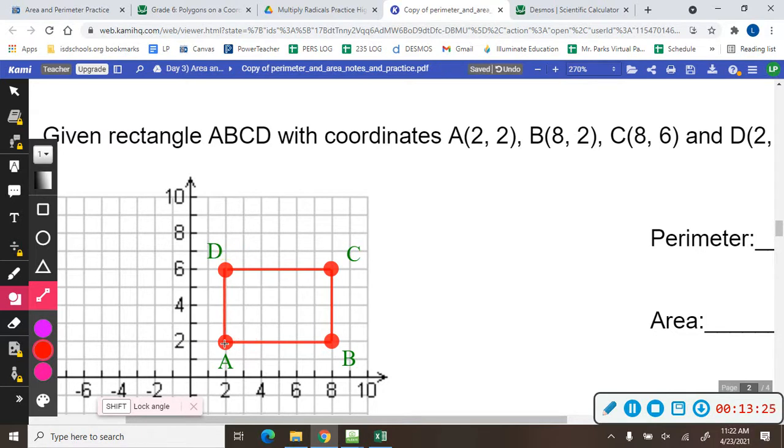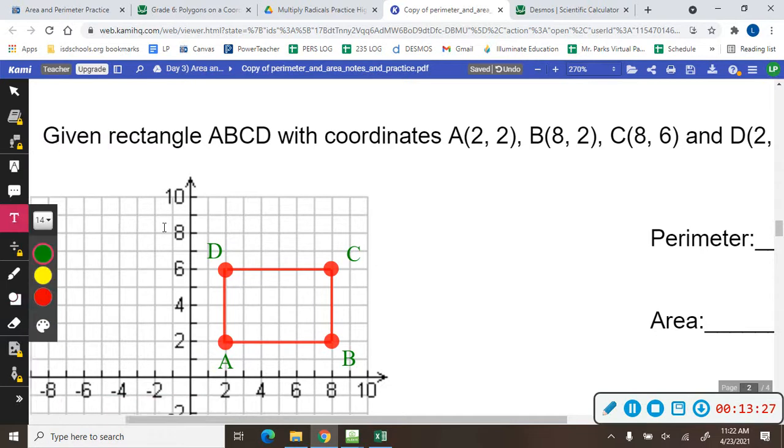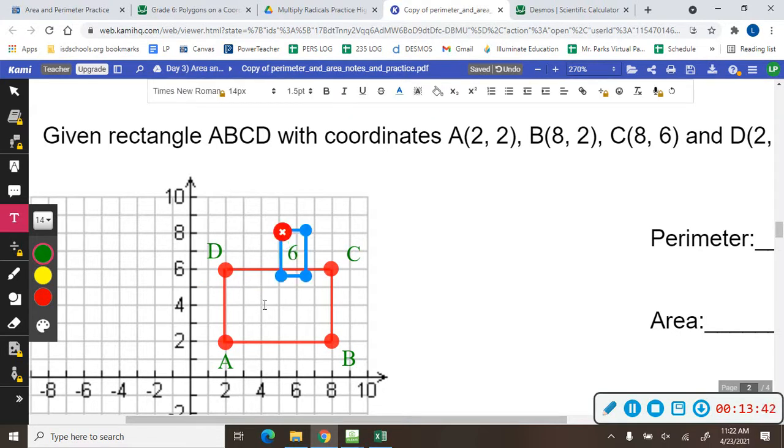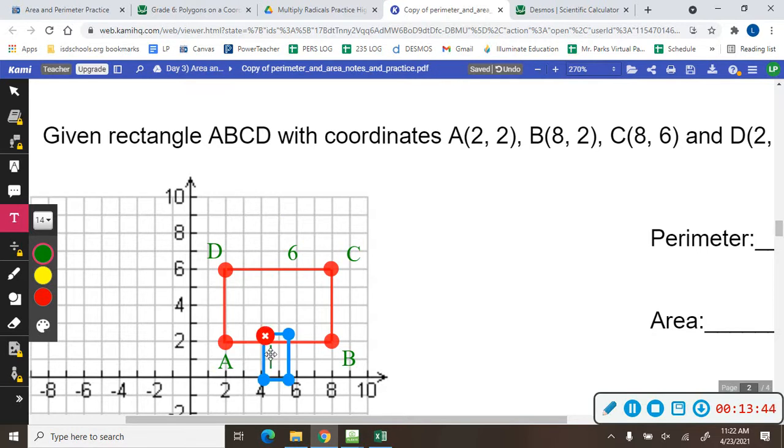All right. Now this one's actually pretty easy because everything is straight horizontal and vertical, so I could just count. I don't need a formula. So from D to C is 1, 2, 3, 4, 5, 6. So this is 6. This one's also 6. That's one of the properties of a rectangle.